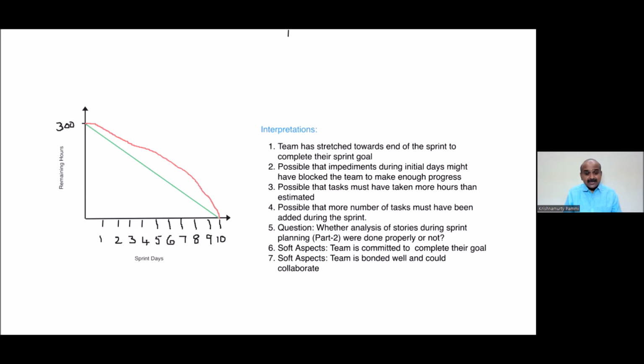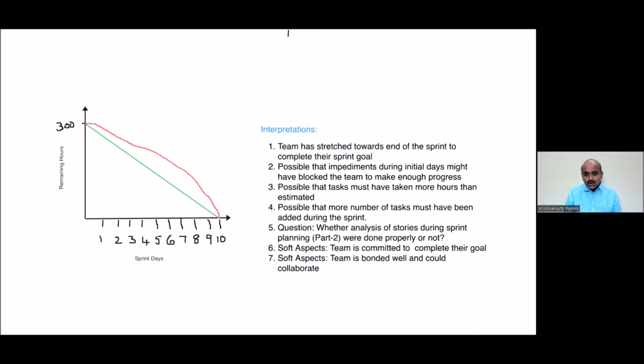So that means the team is having the commitment to close the sprint goal. That means whatever sprint goal they take, whatever it takes, they're able to close it. That's a good thing. That means they have a right bonding. They're collaborating well. So these many aspects, this graph is talking.